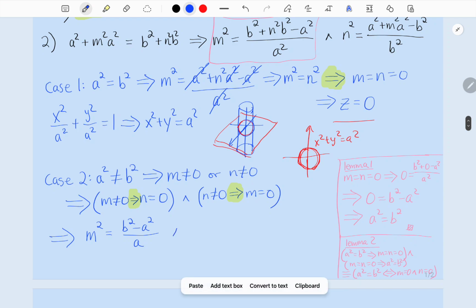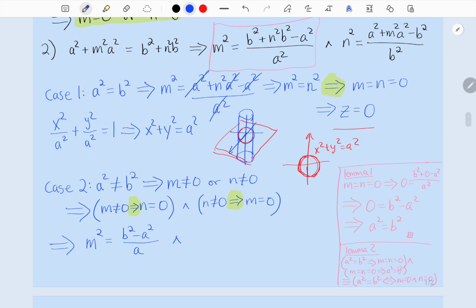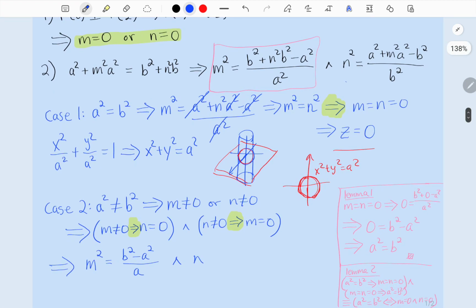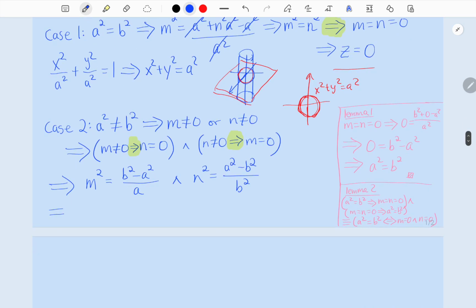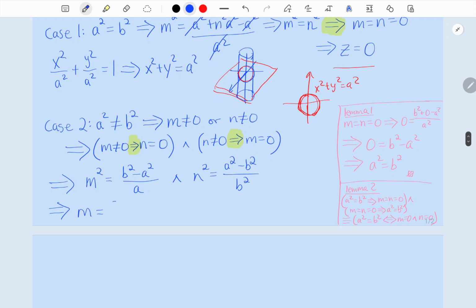And if n is non-zero and m is 0, then using this formula, n squared is equal to a squared minus b squared over b squared, which implies that m is equal to, when you take the square root on both sides, don't forget the plus or minus, the square root of b squared minus a squared, oh, there should be a squared over here, divided by a.